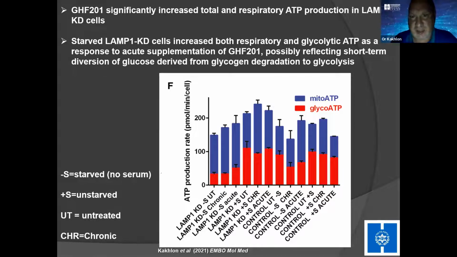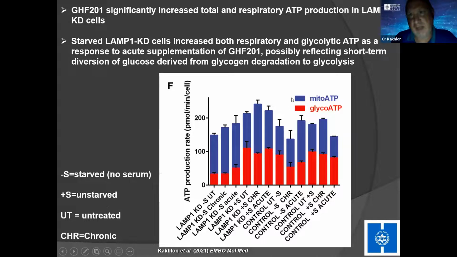And you can see this effect even more when the cells are starved, as here. Why? Because starvation induces autophagy. And what GHF201 does is inducing autophagic flux, so inducing autophagy as well. Okay, and this happens even more in acute condition.